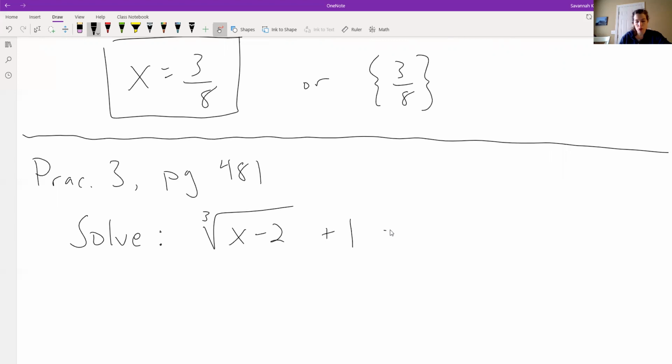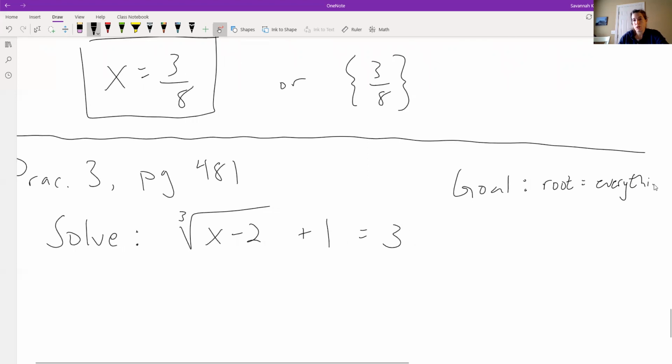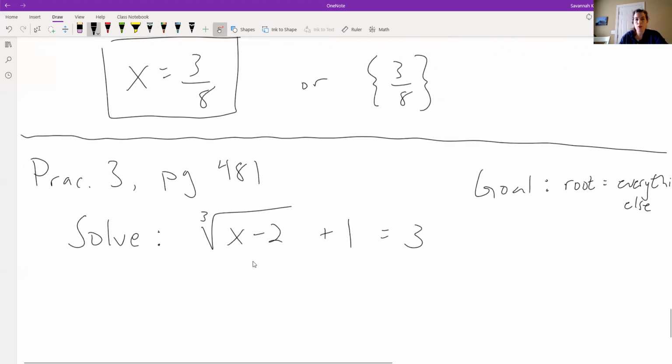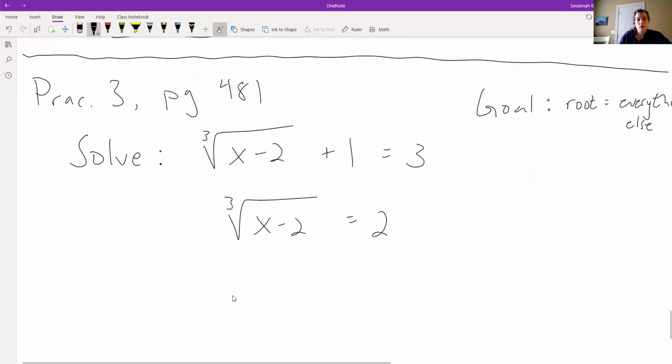Okay, so again, in order to start solving this, our goal is to have the root on the left and everything else on the right. So what I need to have is cube root of x minus 2 equal to, I guess that's 2, before I start any serious hardcore solving.